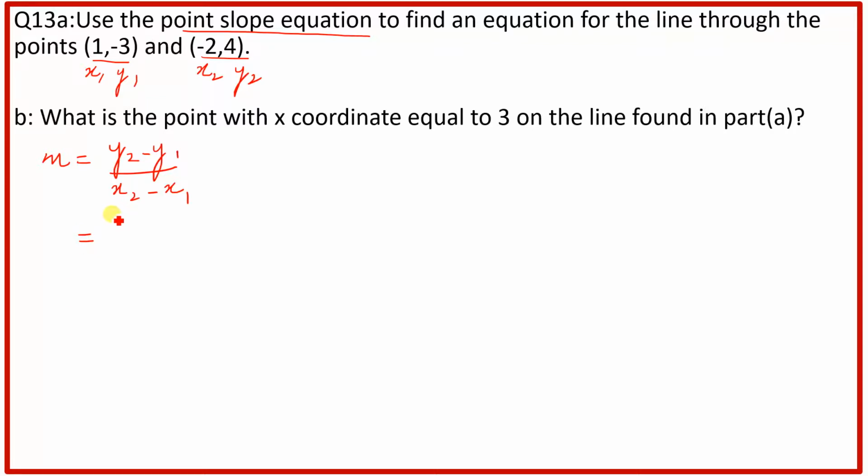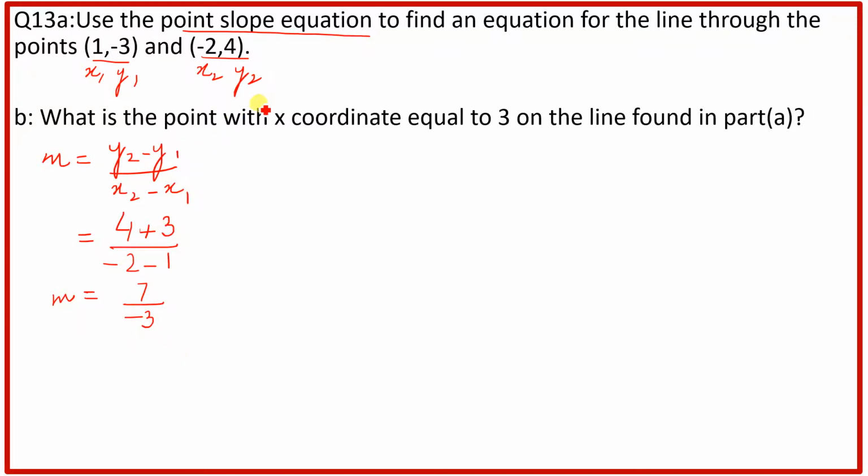Here y2 is 4, and y1 is -3, so this negative and this negative will be positive, and x2 minus x1 is 2 minus 1, which is equal to 7 over -3. So our slope is 7 divided by -3.